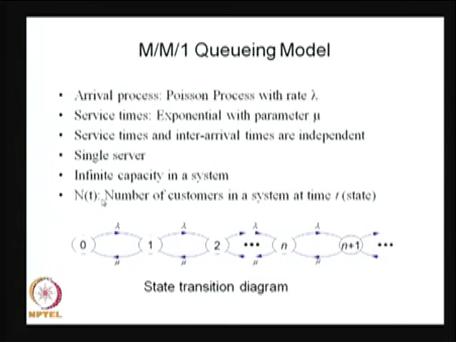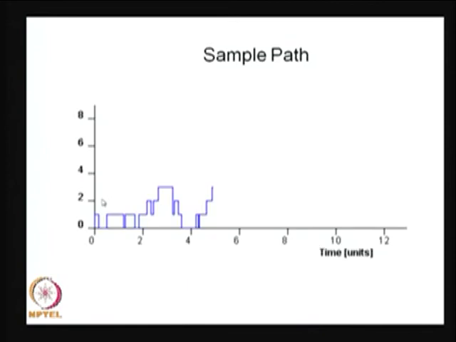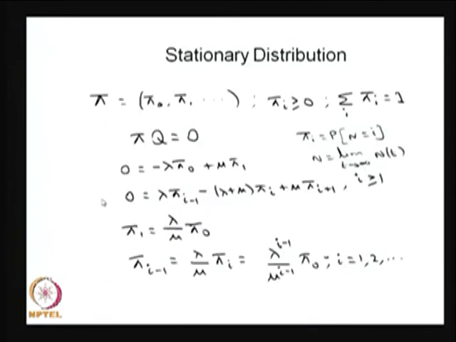Therefore, now we are going to discuss the stationary distribution, time dependent probabilities and so on. So, how to find the stationary distribution? Solve pi Q equal to 0, where pi is the vector consisting of pi i's, where pi i is nothing but the probability that i customers are in the system in the long run.